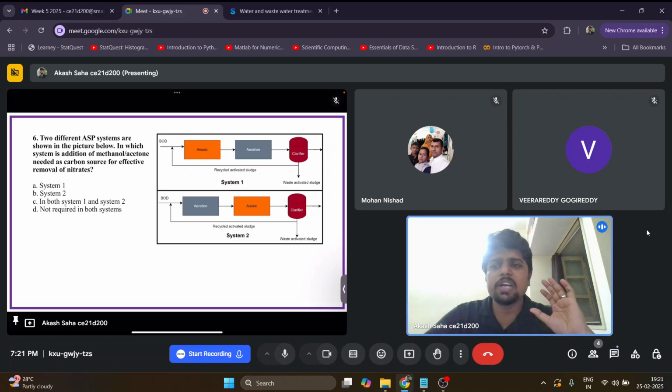So where do we need to provide additional methanol or acetone in the system as a carbon source? Is it system 1 or 2, or in both the systems, or not required in any of the systems? Just see the schematic, think about it and let me know which one will be the correct answer.